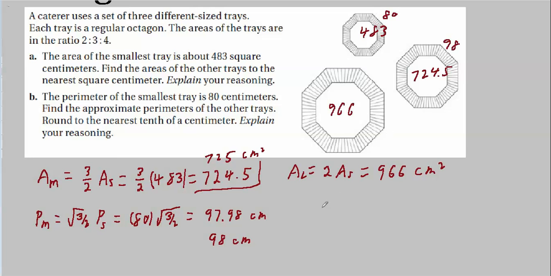Well, let's see here. We have 2 to 4. So we multiplied the small one by 2 to get the large one. So now we just have to multiply. We get P sub L, the large one, should be the square root of 2 times the perimeter of the small one.